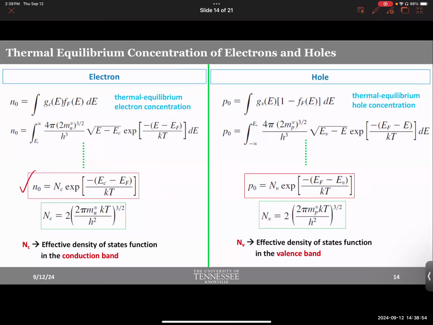Now, let me just quickly point out the similarity between these two equations. Both had the Fermi level showing up inside the exponent, and both had temperature as a variable. For the number of electrons, we were dealing with the conduction band. For the number of holes, we were dealing with the valence band here, as you see.